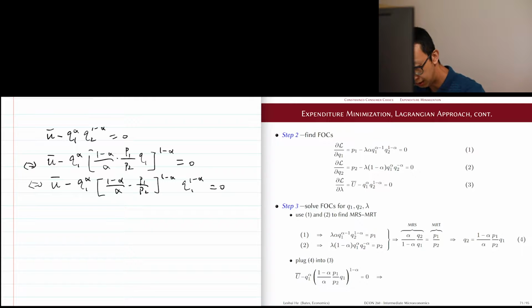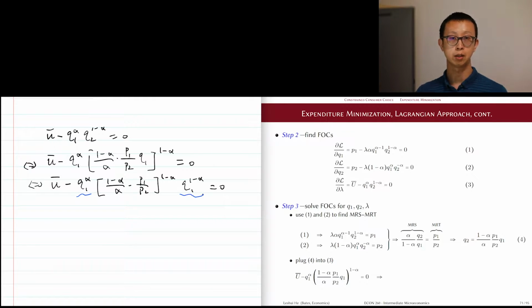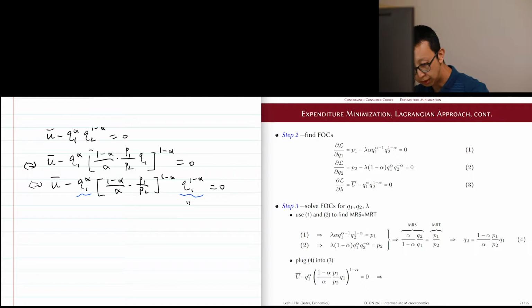Now you can see that we're able to combine the q1 term here and the q1 term here. In particular, we can rewrite q1 to the power of 1 minus alpha as q1 to the power of 1 times q1 to the power of minus alpha. Because this term has q1 to the power of alpha, and now we have q1 to the power of minus alpha, they will just cancel out.